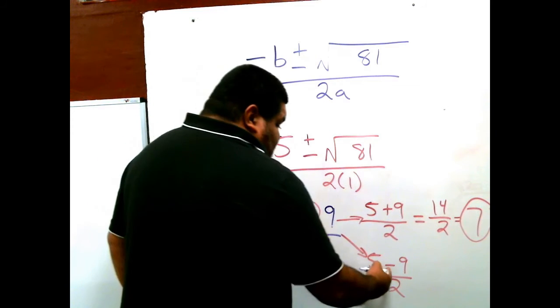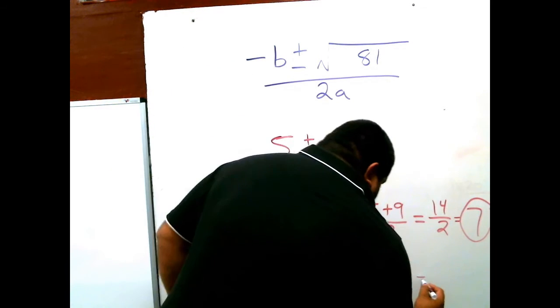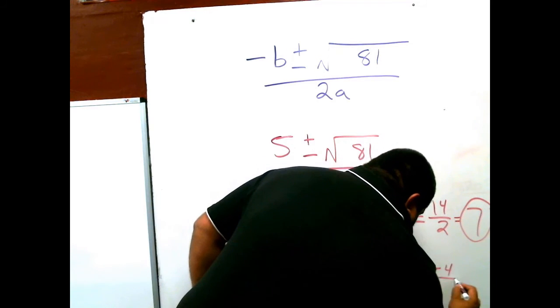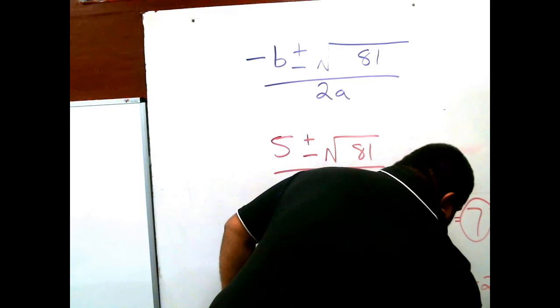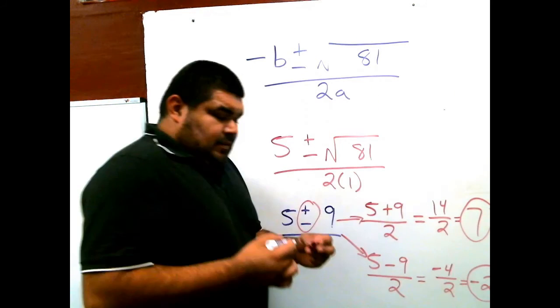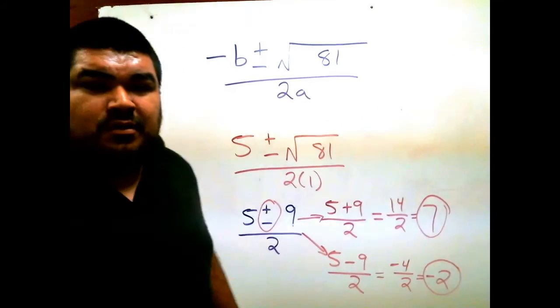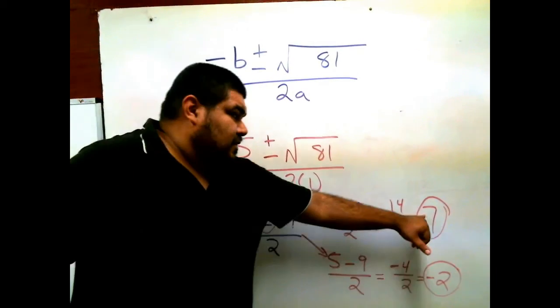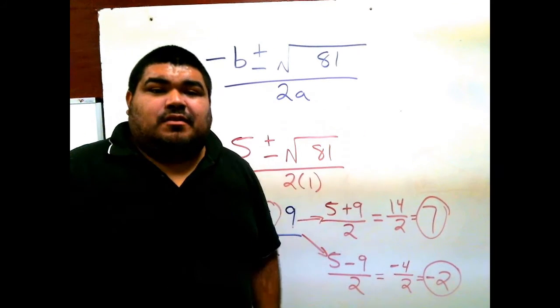And then 5 minus 9 is negative 4 over 2, which becomes negative 2. And that is your other answer. So your answers are 7 and negative 2. And that's how you solve.